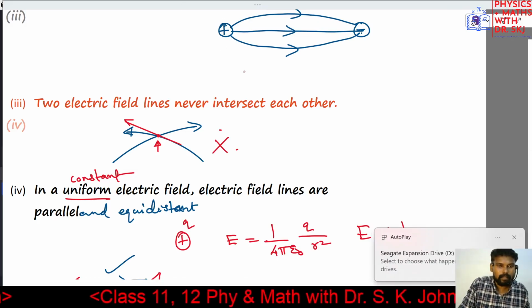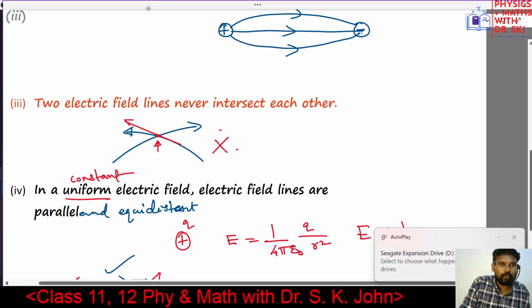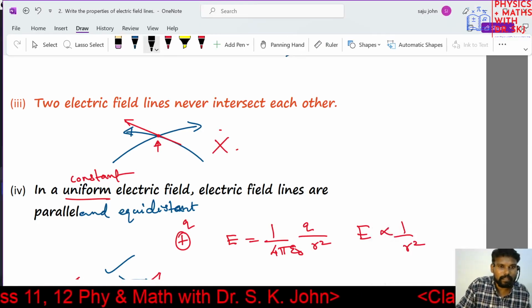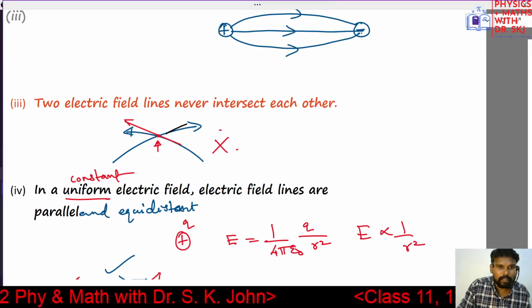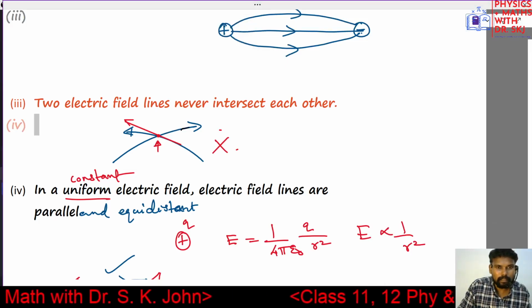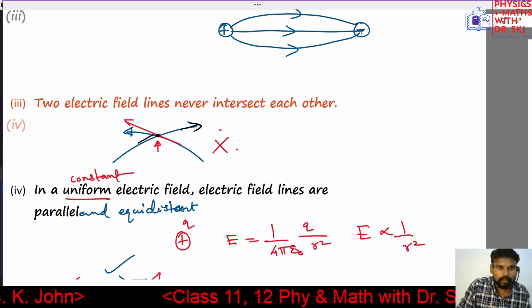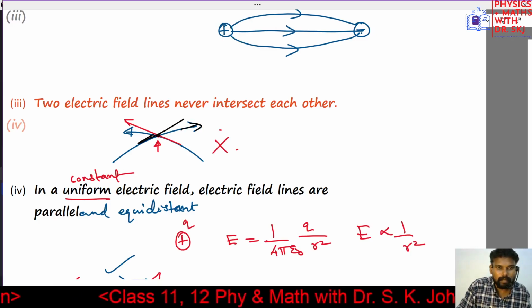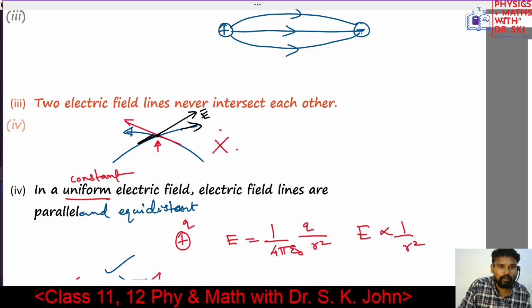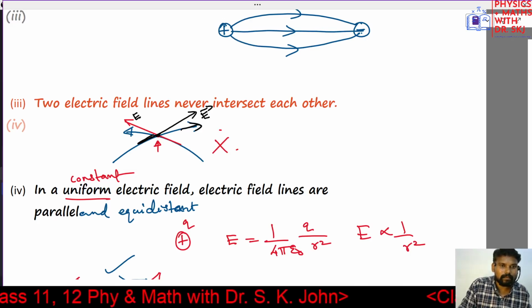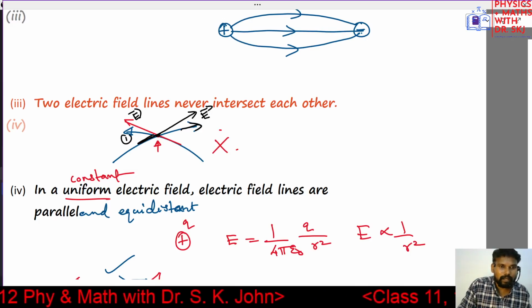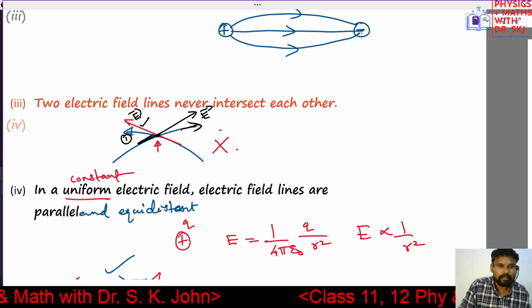One of the directions. If you draw the tangent to the other field line, this is another field line, at this point, it will be like this. So since the two curves are meeting at a point, we have to draw two tangents. For the first curve, we got a tangent like this.